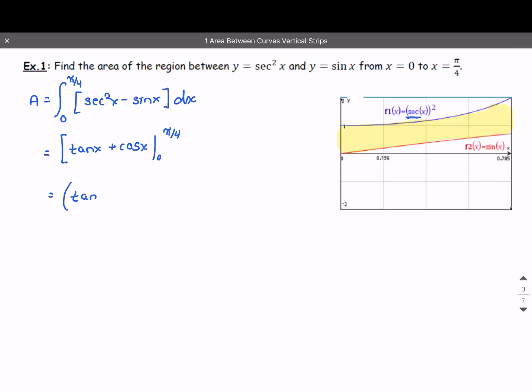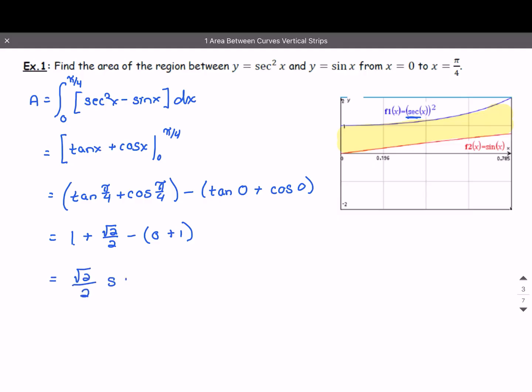So the tangent of pi over 4 plus the cosine of pi over 4 minus, now substitute in the lower limit, tangent of 0 plus the cosine of 0 equals, now the tangent of pi over 4 is 1 plus the cosine of pi over 4 is radical 2 over 2 minus the tangent of 0 is 0 plus the cosine of 0 is 1. So that's going to give us just radical 2 over 2 square units.